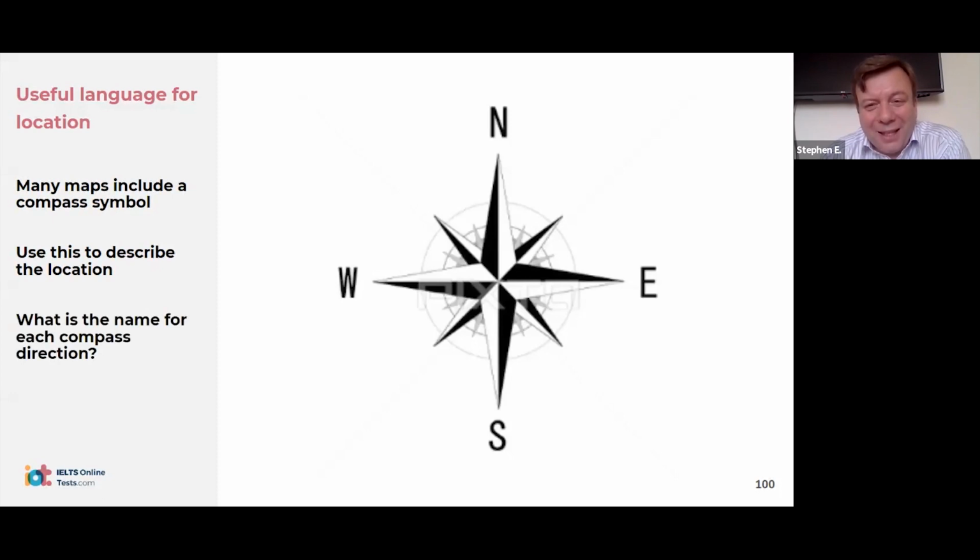So what's the name for the compass directions then? So what do we got? Yeah, north. Now, north, east, west, south.